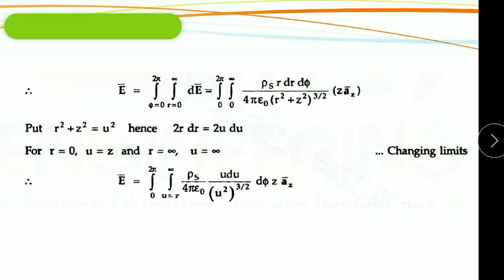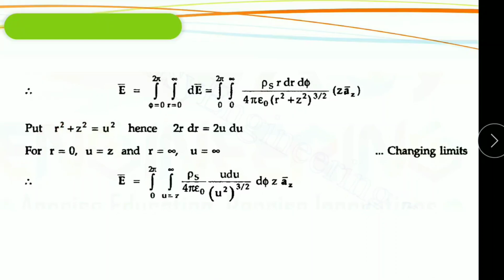Why? Because here we assumed r square plus z square is equal to u square. By differentiating on both sides, here z is considered as a constant. Differentiation of a constant is equal to 0.